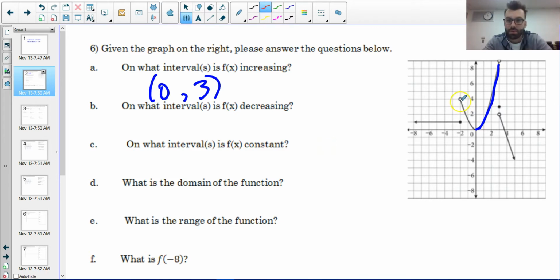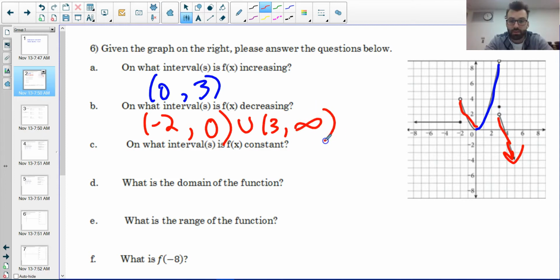Decreasing, I'm decreasing here, and I'm decreasing here. Sorry, this is not perfect. I'm decreasing here, so that's from -2 to 0. And then again, from 3 to, there's that arrow, infinity.